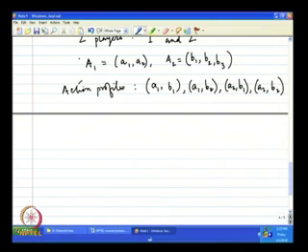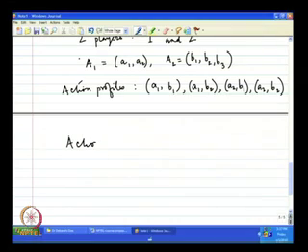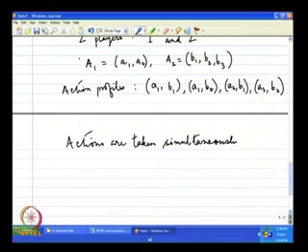One very important aspect of strategic games is that when we say that this is the action of the first player, that is the action of the second player, the idea is that these actions are taken simultaneously. Which means that when I am taking an action, I do not know what is the action taken by the other player, because both the actions are taking place at the same time.